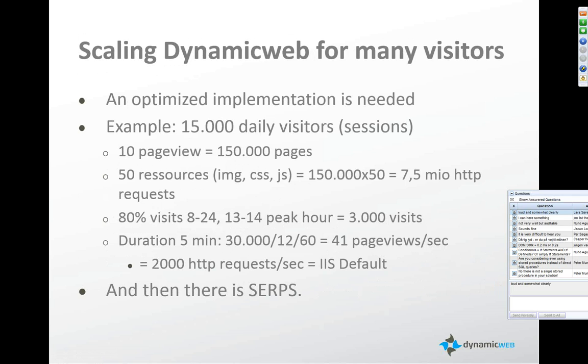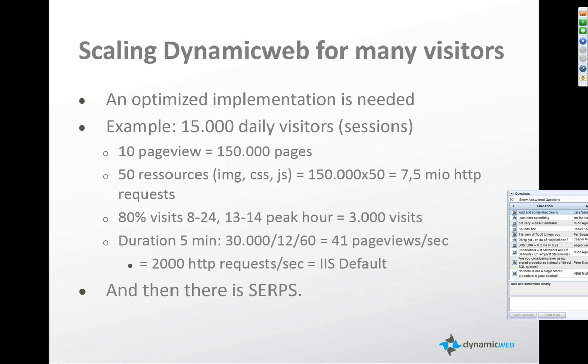That's quite a bit. And we take some assumptions that these 15,000 daily visitors make 10 page views. That would be 150,000 page views a day on this solution. And each page view uses up to 50 resources on average. We saw that on the front page of our Dynamicweb website, we had 70 of those. So I've set it to 50.